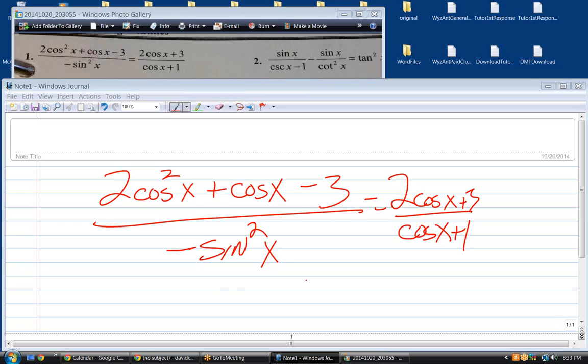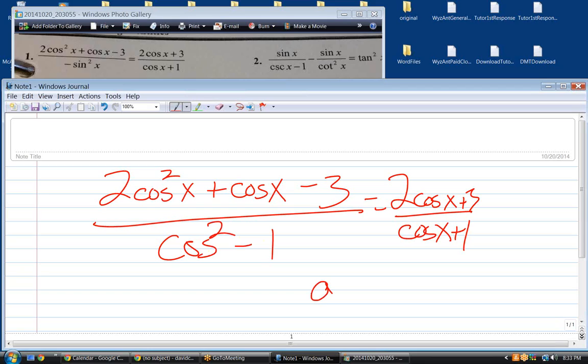Well, we can certainly replace this with its identity. So what's the identity of minus sine squared x? It's the reverse of 1 minus cosine squared. It's cosine squared minus 1.